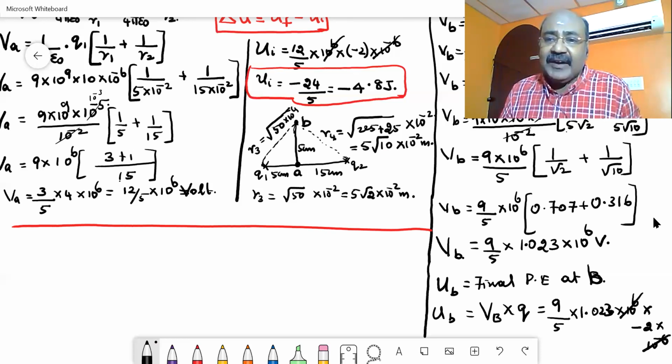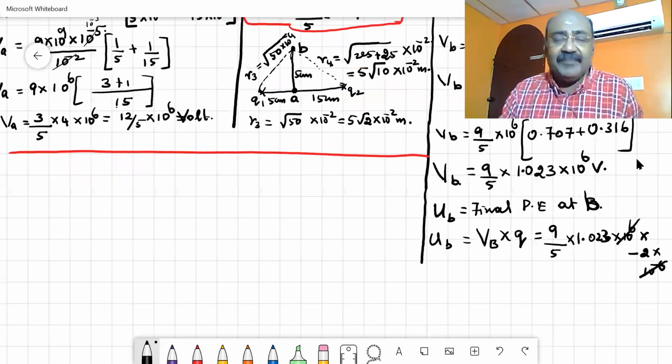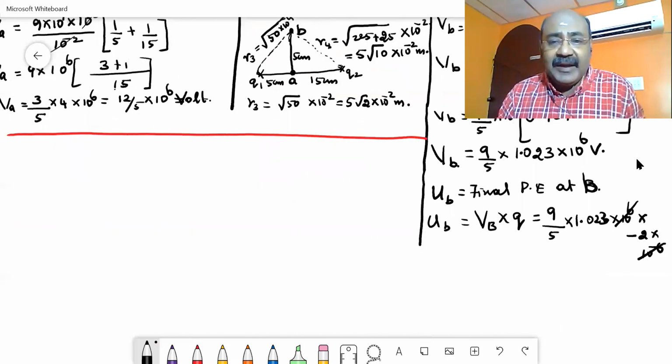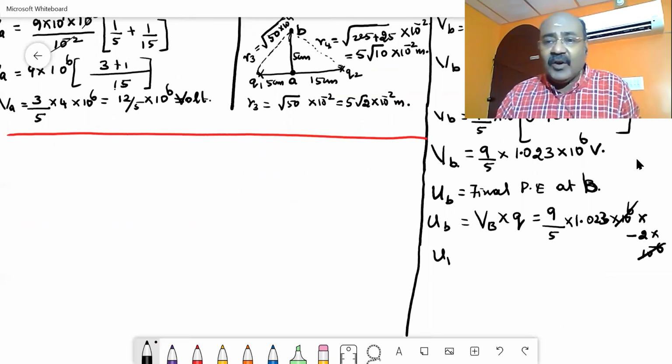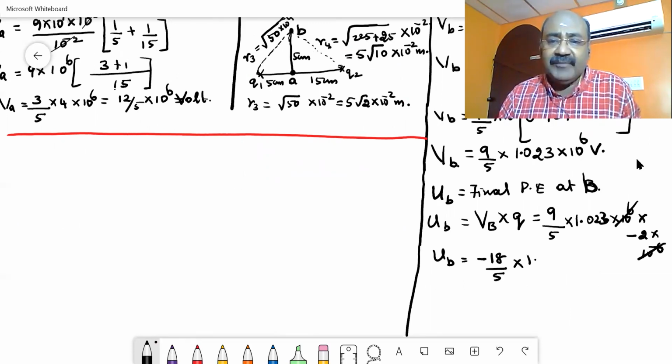So simplify, what will be your answer? Epsilon B is equal to, when you are multiplying, you will be getting minus of 18 divided by 5 into 1.023.